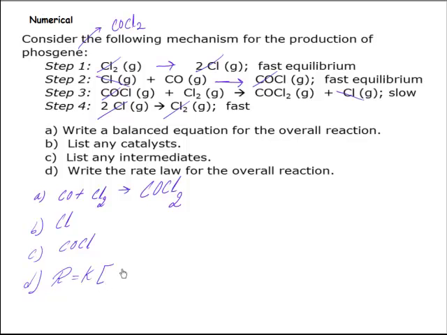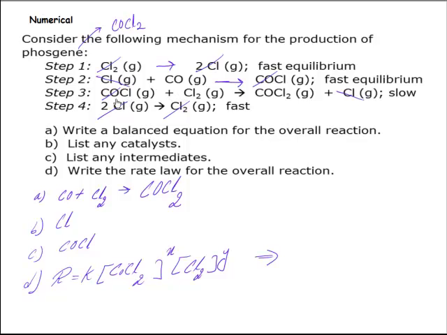And the last part of the numerical, state the rate law expression. We can write the rate of the reaction as k times concentration of COCl2 raised to some power into concentration of Cl2 raised to some power. Now we need to identify these 2 powers, the values of x and y. Logic tells us that in the slowest step, which is step number 3, chlorine and COCl were involved.